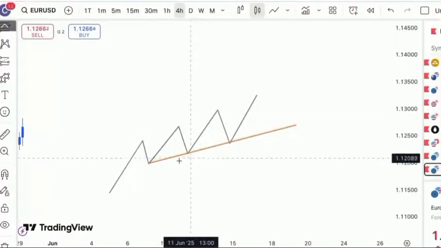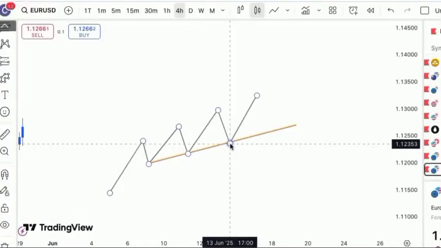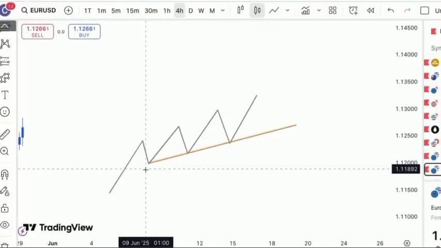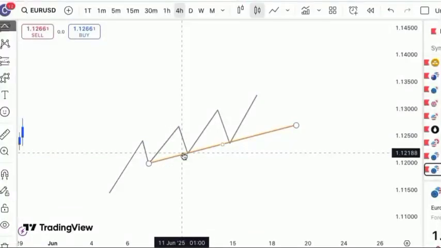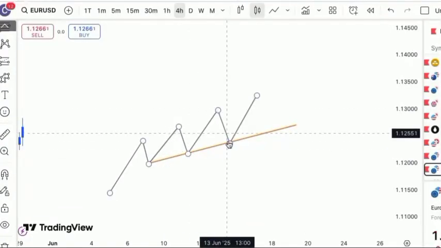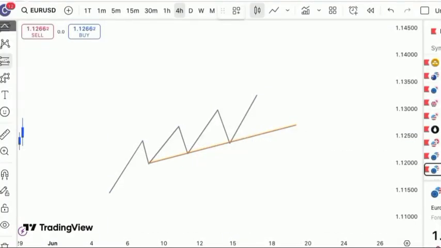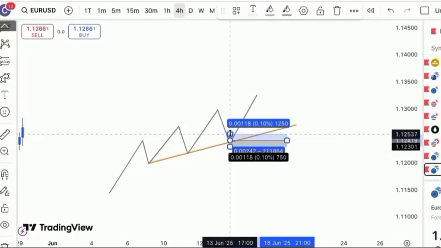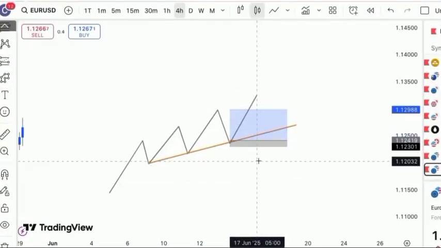See? So you put a line: first touch, second touch, third touch, right? As the market is doing higher high, higher low, it touched it the second time, and then it touched it the third time. Third time, this should be your entry, and this should be your take profit.